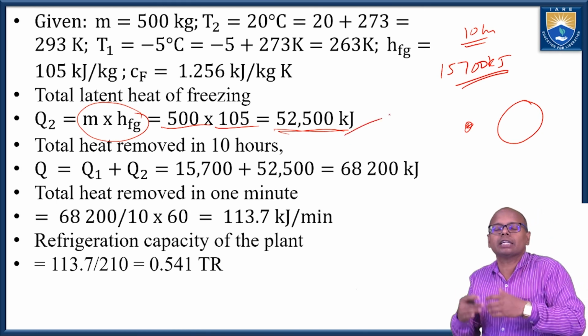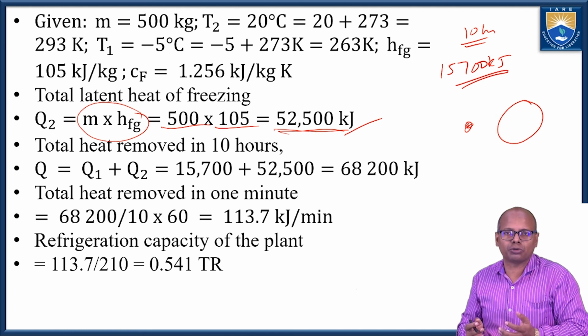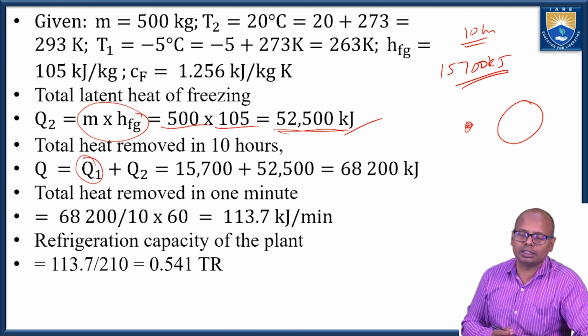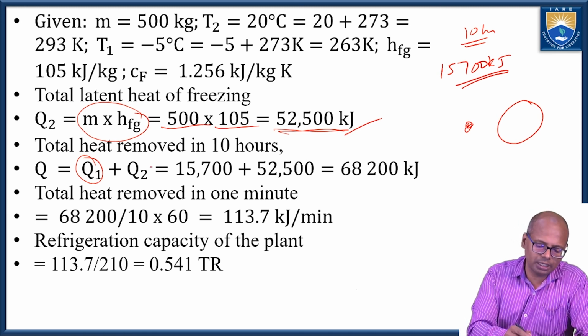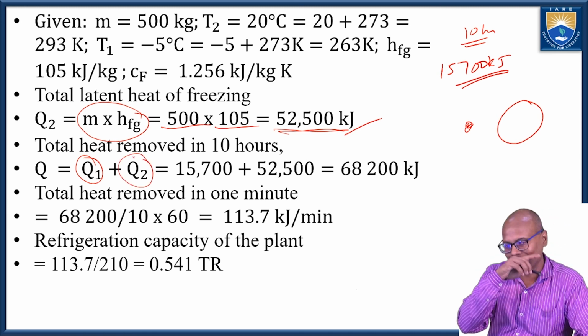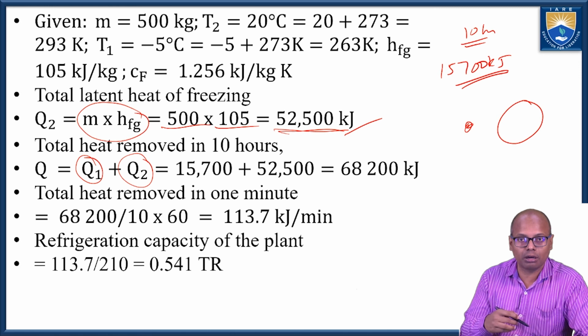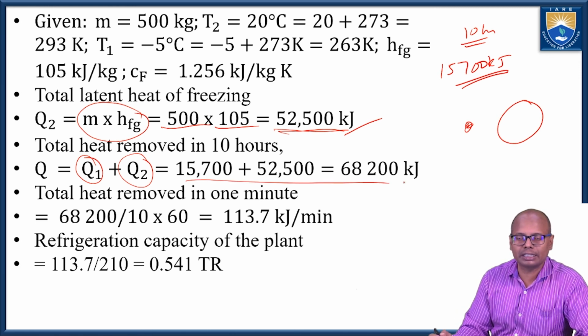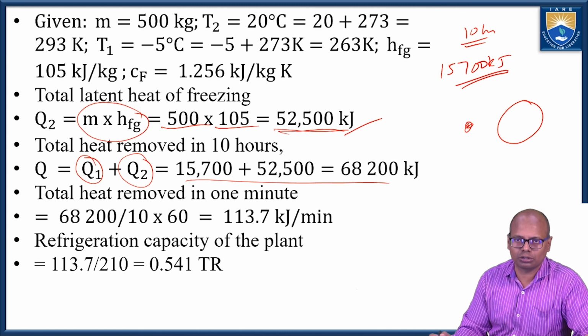So the net heat removed from the fruits is the heat removed for change of temperature and the heat removed for change of state, that are for freezing. If I add, that is equal to 68,200 kilojoules.